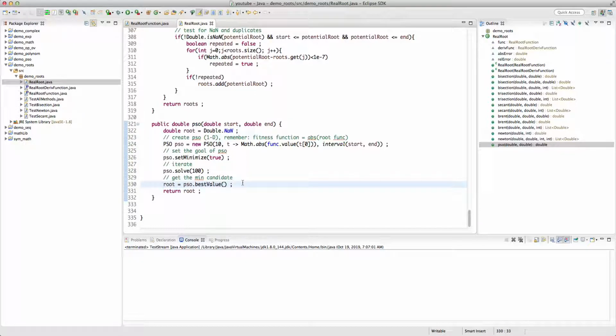All right, and here the fitness function returns the absolute value of f of x, the function, and basically we're going to test the minimum.